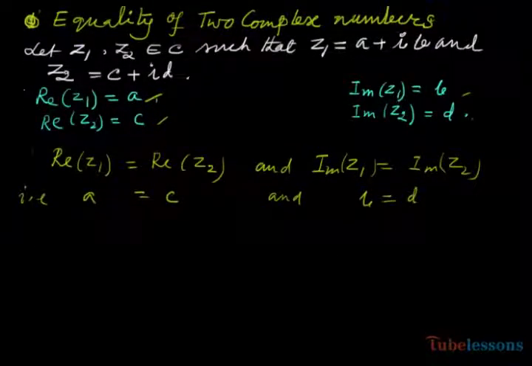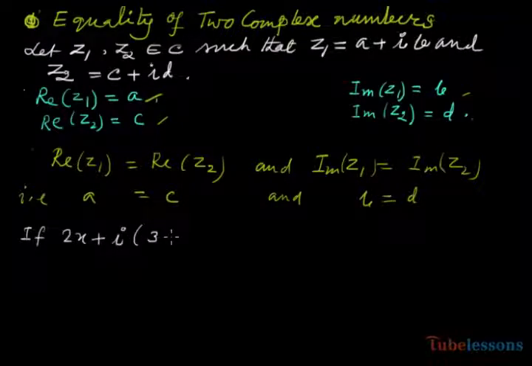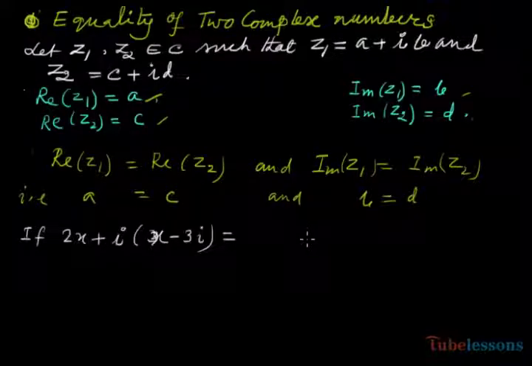Now we'll set up an example here. 2x plus i times (x minus 3y) is equal to 6 plus 5i.